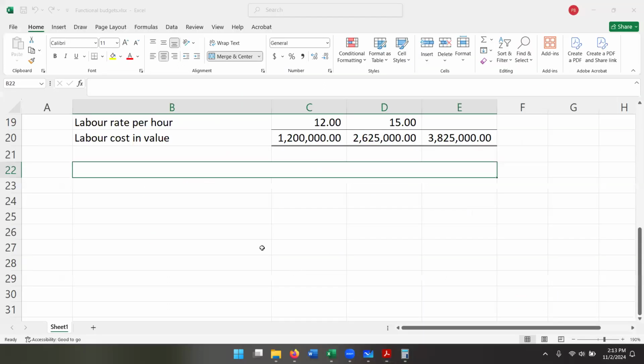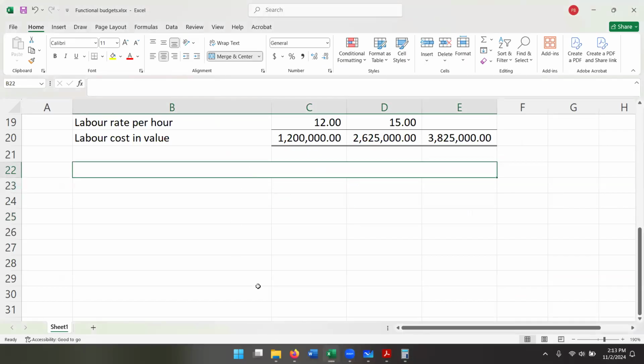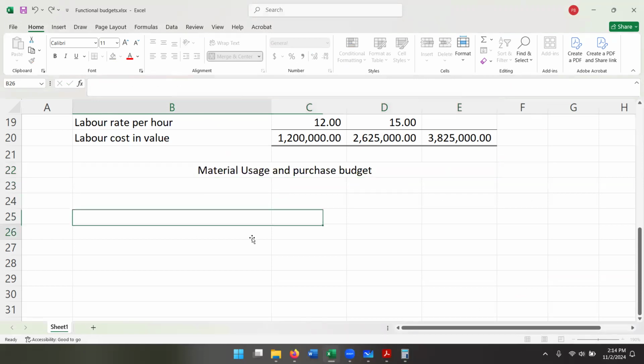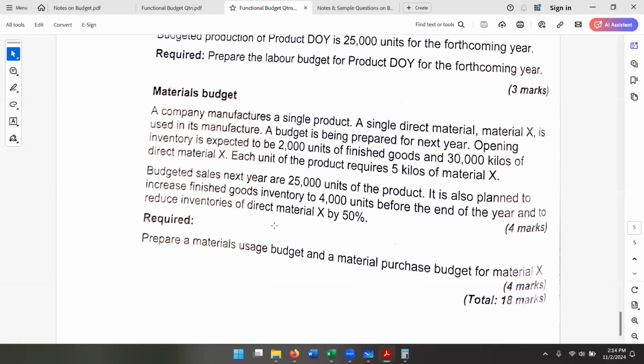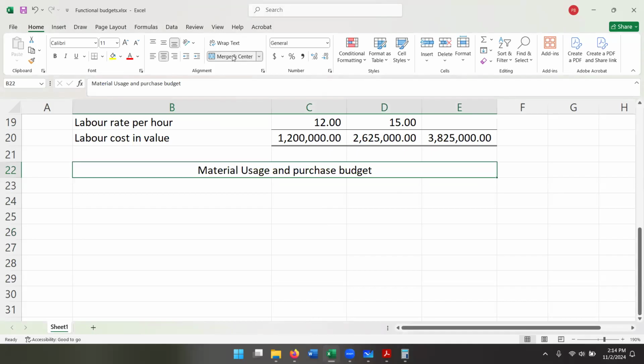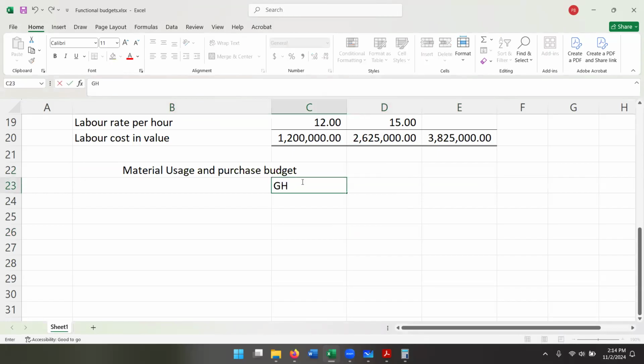If you go back, we title whatever we are doing. So material usage and purchase budget.